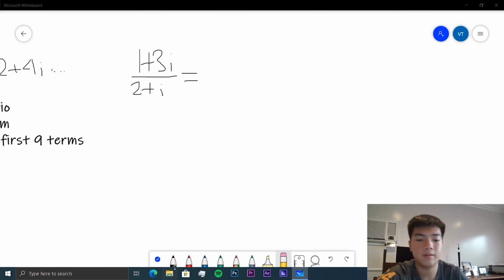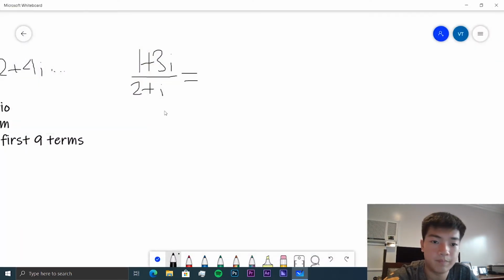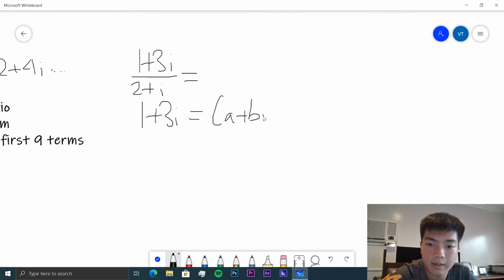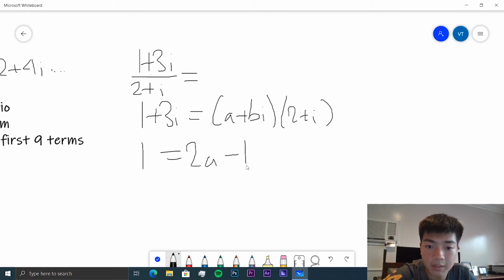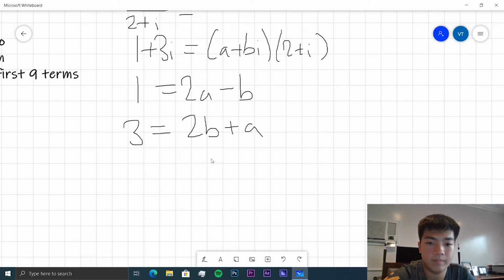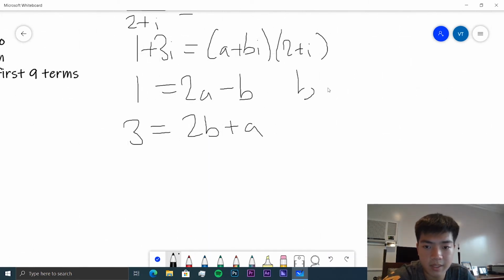So we have 1 plus 3i is equal to a plus bi times 2 plus i. So we have 1 is equal to 2a minus b, and then 3 is equal to 2b plus a. So of course b is equal to 2a minus 1.